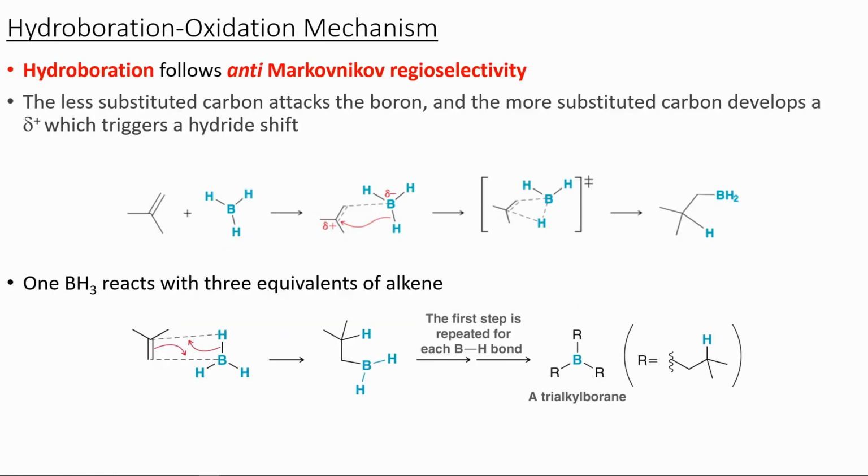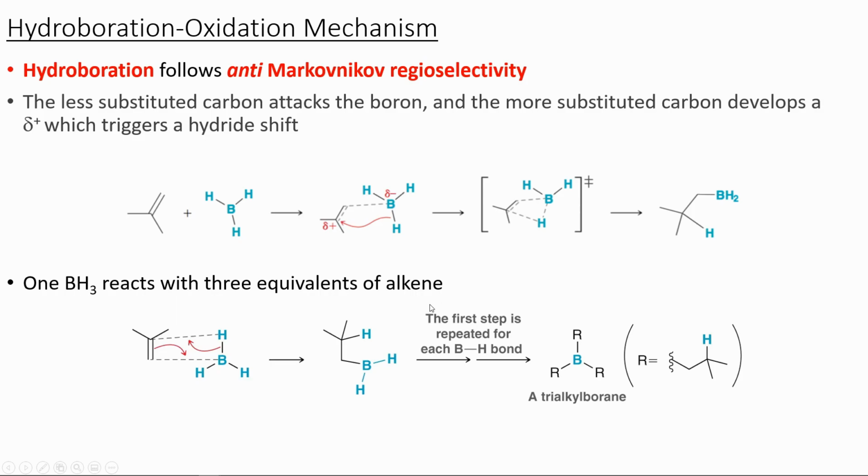Using the hydroboration oxidation, we're going to obtain anti-Markovnikov regioselectivity. The less substituted carbon is going to begin in the mechanism by attacking the boron. Then the boron-hydrogen bond will break and will form a new carbon-hydrogen bond. So this allows us to have the boron attached to the less substituted position and form a new carbon-hydrogen bond at the more substituted position.